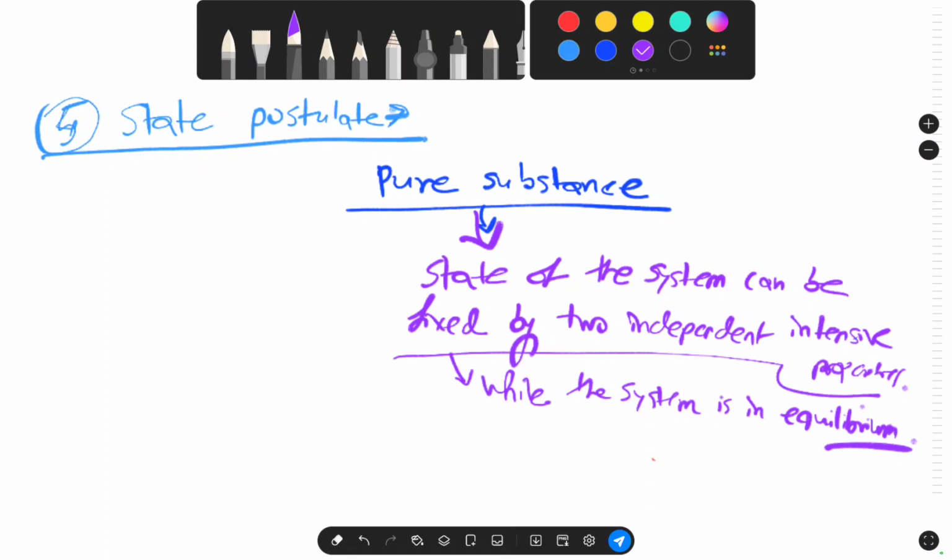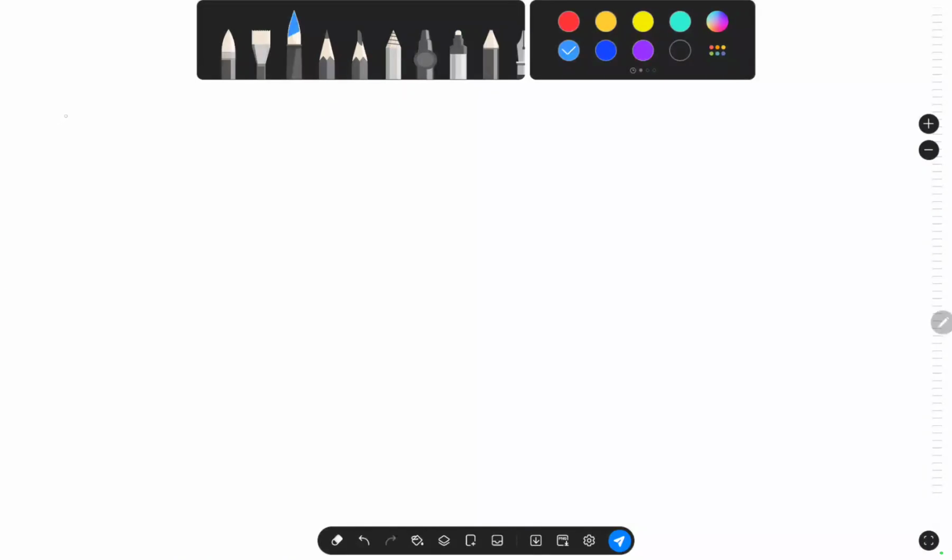Let us discuss the last topic, the concept of thermodynamic equilibrium.